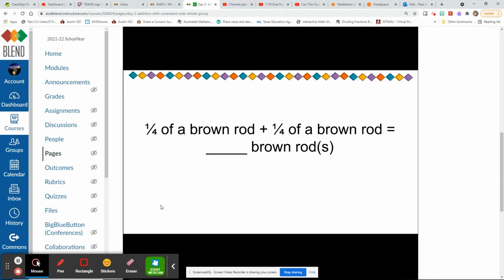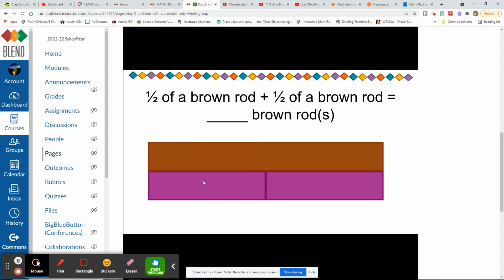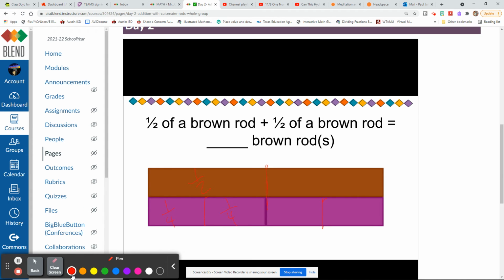So 1/2 and another half all together makes the whole thing. So moving forward, 1/4 of a brown rod and 1/4 of a brown rod equals. So now we're talking about if we split these in half. So boom, boom. So this is 1/4 of a brown rod. This is 1/4 of the rod. So all together, that would be 1/2, right?